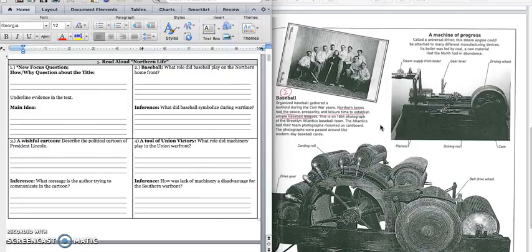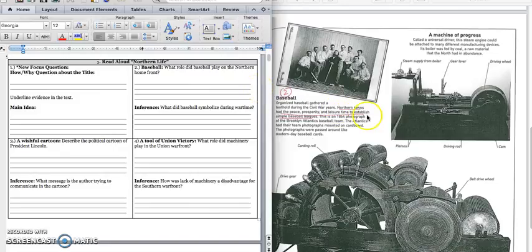This is an 1864 photograph of the Brooklyn Atlantic's baseball team. The Atlantics had their team photographs mounted on cardboard. The photographs were passed around like modern-day baseball cards. All right, so number 2 says, what role did baseball play in the northern home front?